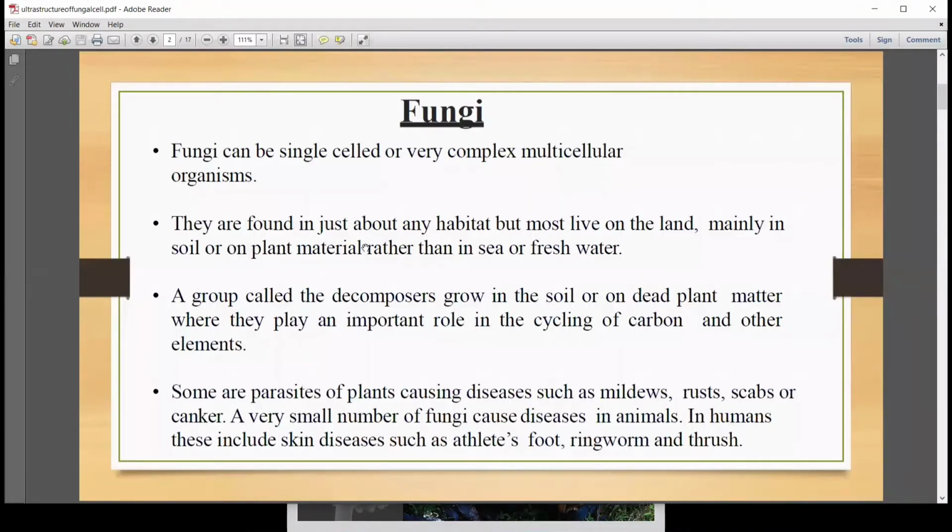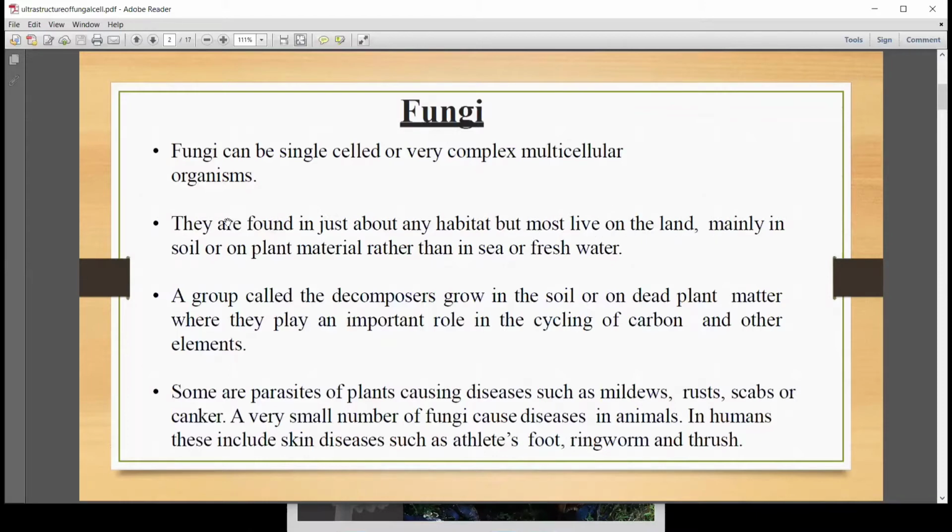So first, quickly revise the general characteristics of fungi. Fungi can be single cell or very complex multicellular organisms. They can be found in single-cell form, or they can also be found in multicellular form. They are found in just about any habitat, but mostly live on land.